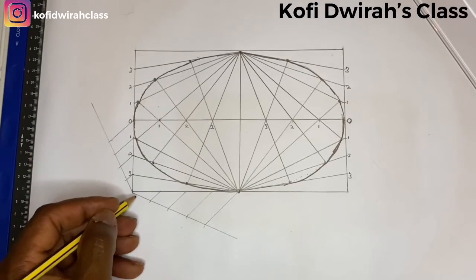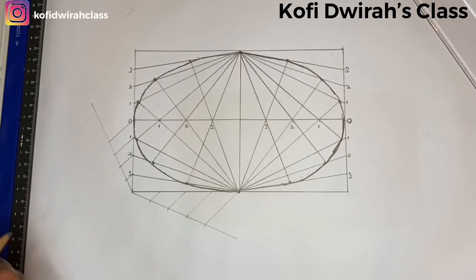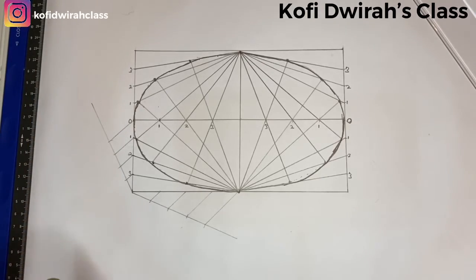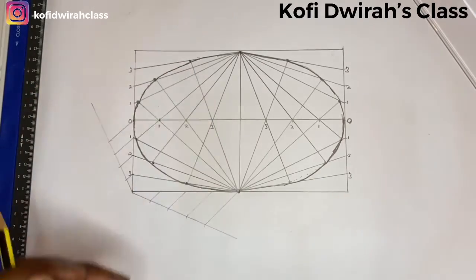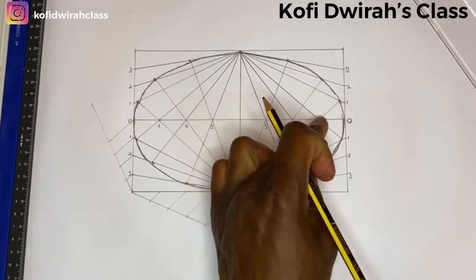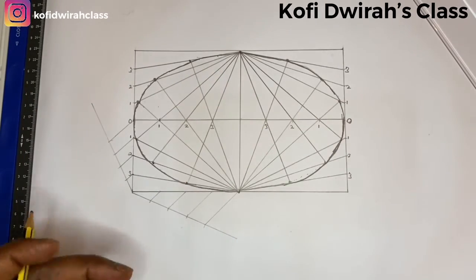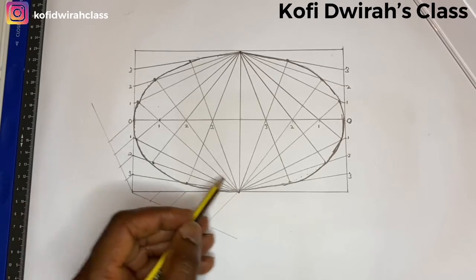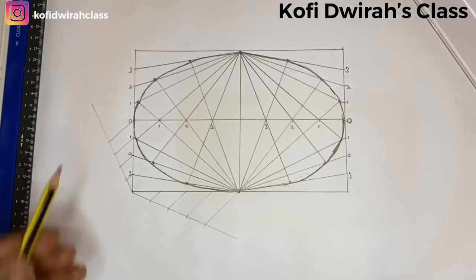So you can use the method of dividing a straight line to give you the numbers from this side. Then you transfer the measurement, or you measure the radius to divide this side as well. Then you draw a line from this point to 1, to 2, to 3, and the same way this side here.